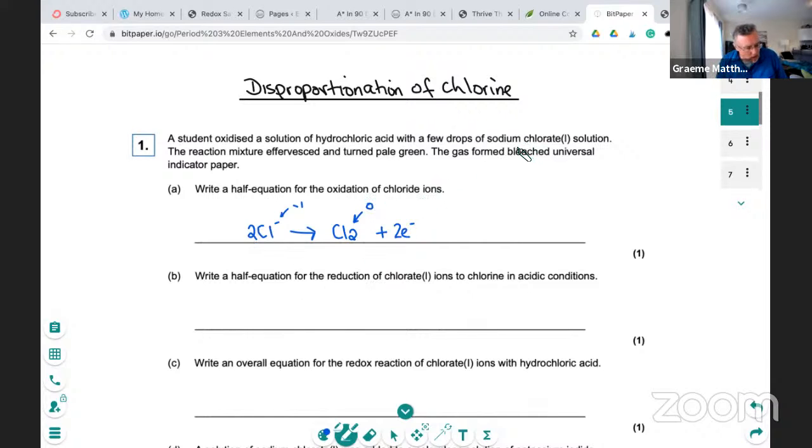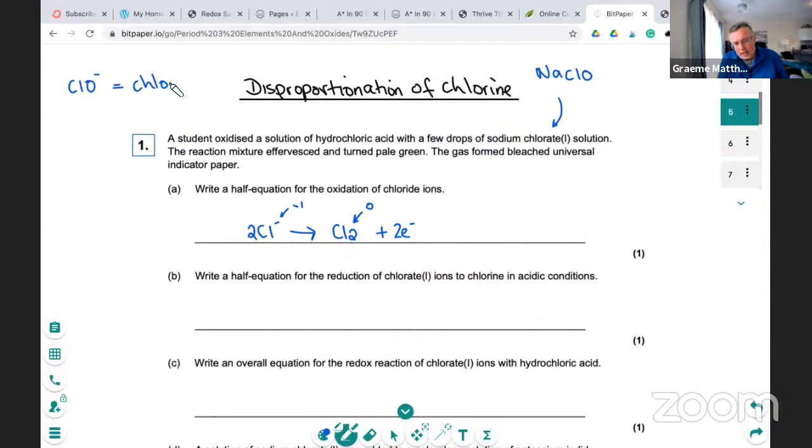All right, now, it said sodium chlorate 1. So chemists, this is our sodium chlorate 1 here, right? Now, again, there are a few polyatomics you just need to know. ClO minus is going to be my chlorate 1.